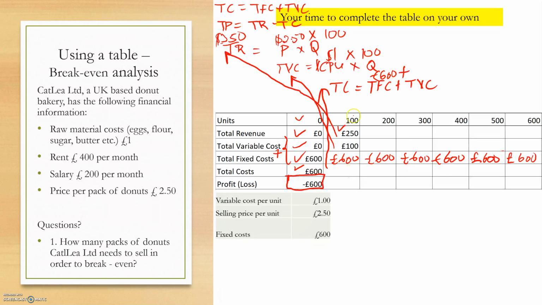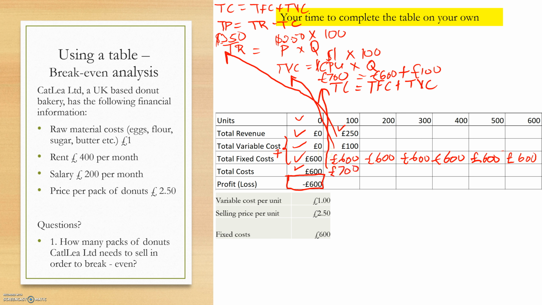Our total variable cost at 100 packs of donuts is actually 100 pounds. Then therefore that gives us our total cost, obviously, of 700 pounds. And we put 700 pounds here.